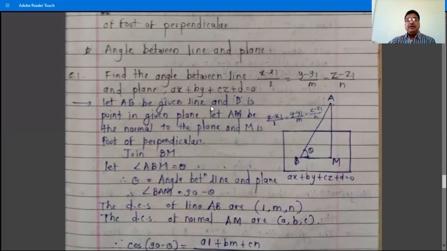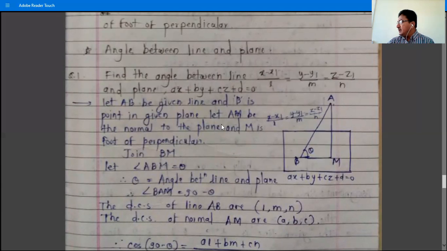So let AB be the given line and B is the point in the given plane. So AB is the given line, that is this line, (x minus x1) by L, (y minus y1) by M, (z minus z1) by N. So obviously x1 y1 z1 is a point on the line, and L M N are what?